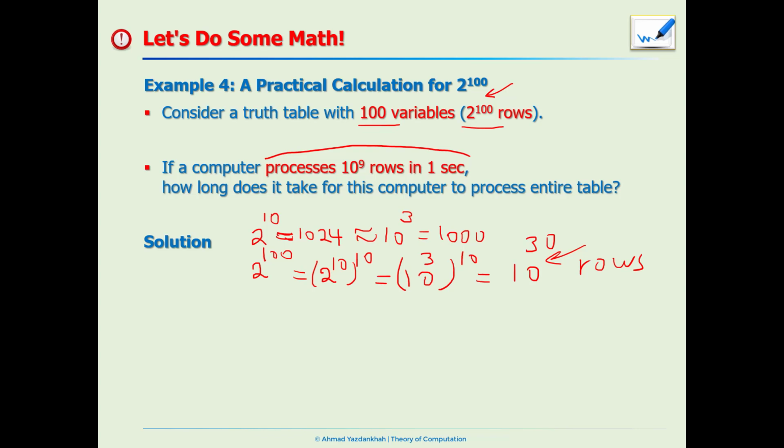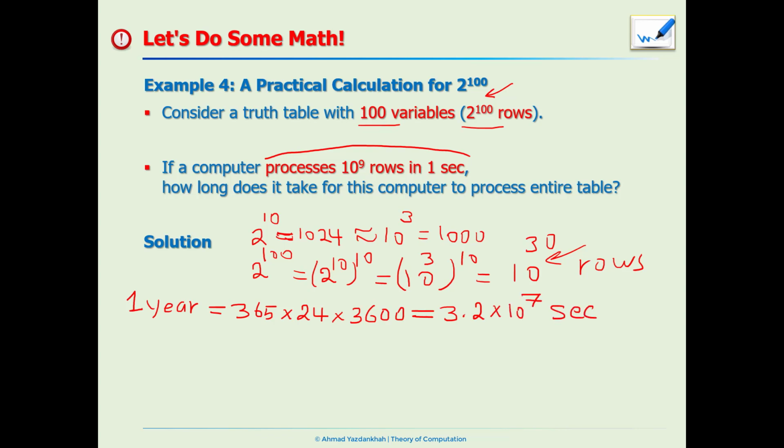Okay, now let's see how many seconds we have in 1 year. So 1 year is 365 days, and it is 24 hours, and each hour is 3600 seconds. If we calculate this, it would be 3.2 multiplied by 10 to the 7.